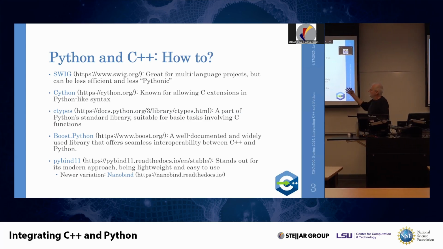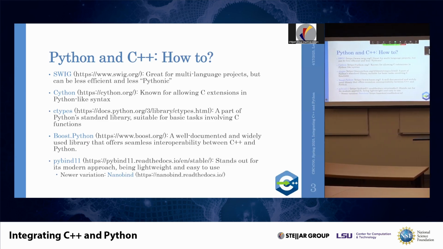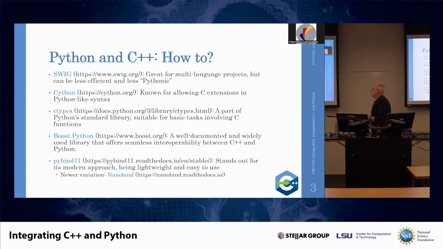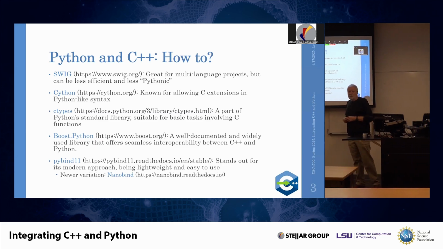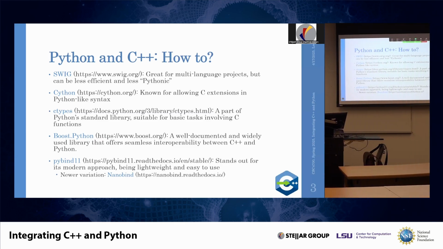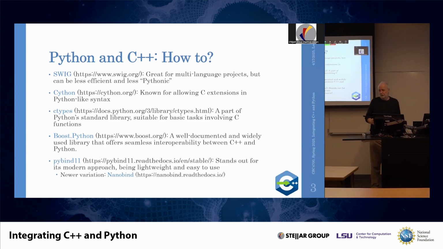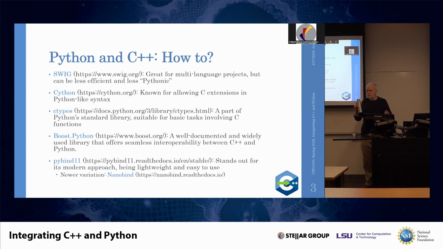So people use that interface still, but it's implemented in a more modern and more lightweight way, having learned from the mistakes of Boost Python. There is a newer version of PyBind11, which is called NanoBind. It's a completely different library. Well, people said, okay, PyBind11 was developed for C++11 10 years ago, 12 years ago.